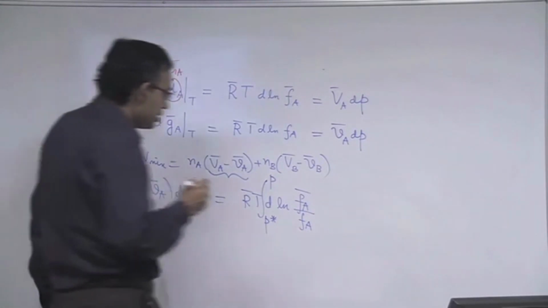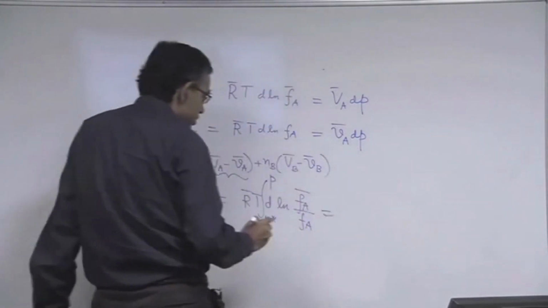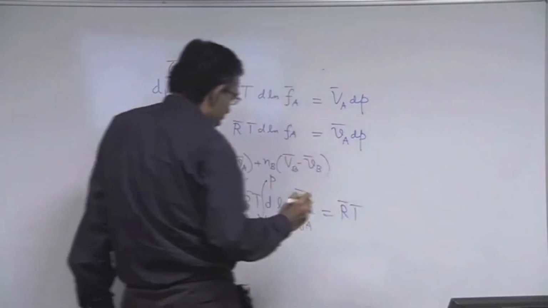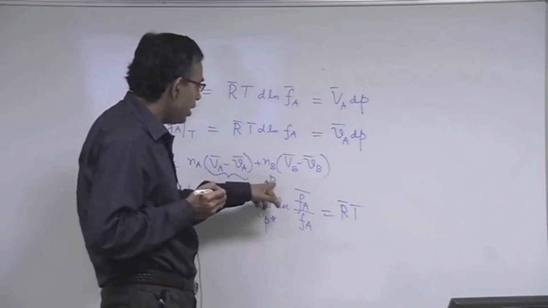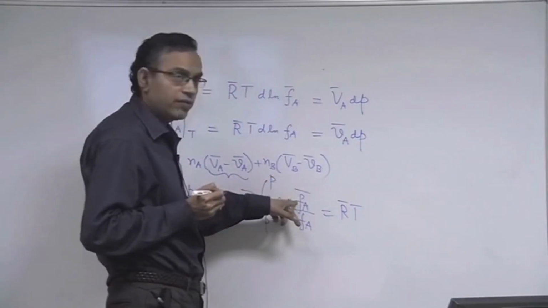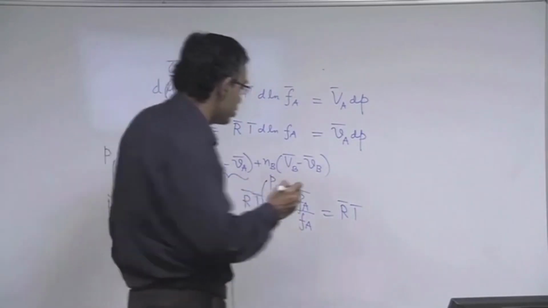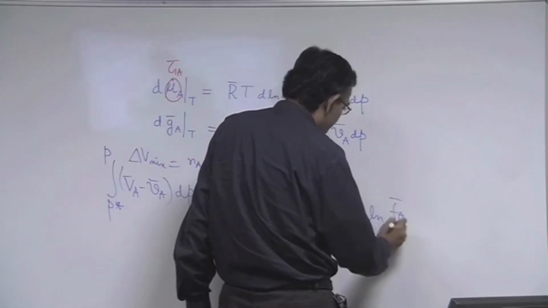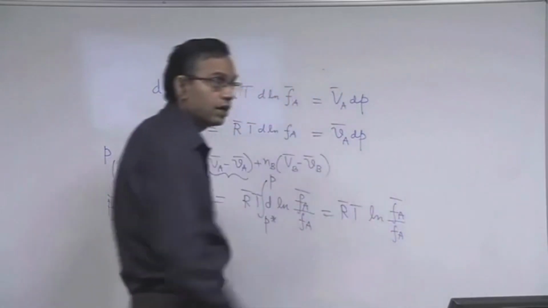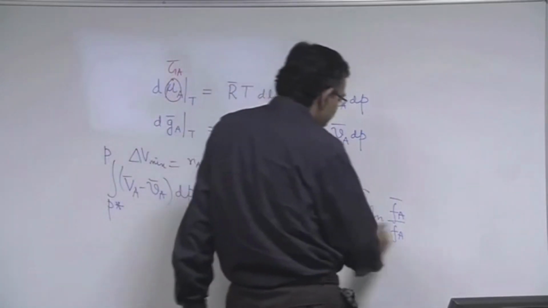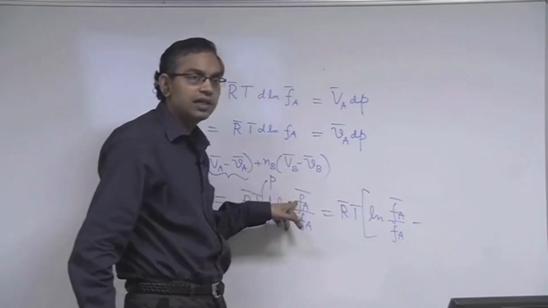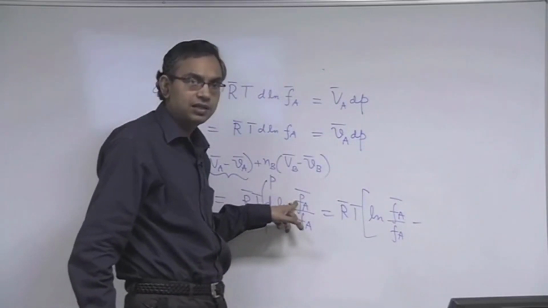So then let us concentrate on the right hand side. At P equal to P, F A bar equal to F A bar and F A is equal to F A. So ln F A bar by F A, minus, at P equal to P star, what is the fugacity of the component A in the mixture?